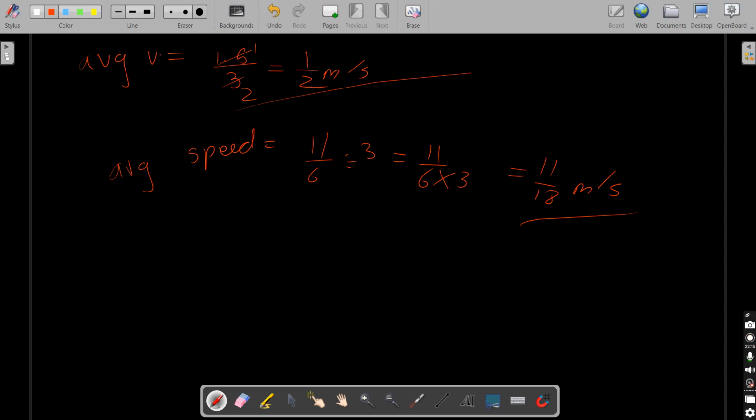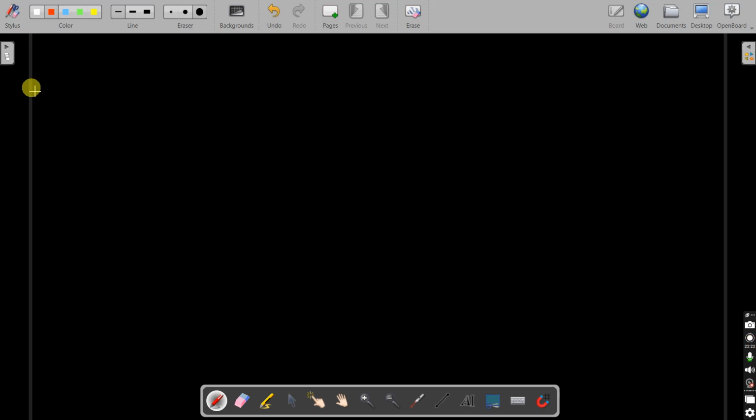Now we start the question which we skipped or didn't complete in the last class. So now let's start a new topic which is differentiation by substitution.